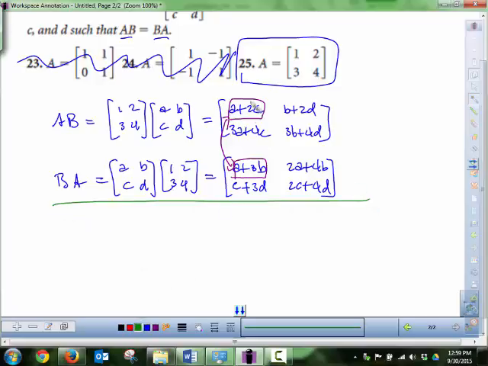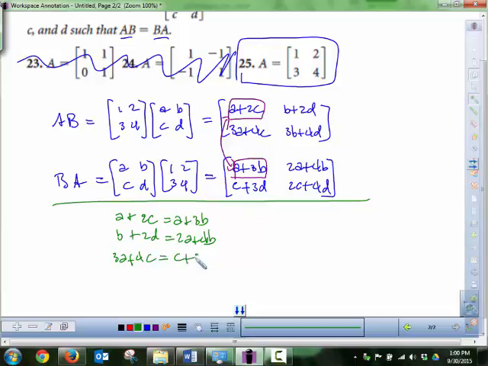So essentially what we're going to have is, guess what? A system of linear equations. A plus 2C equals A plus 3B, and then B plus 2D equals 2A plus 4B, 3A plus 4C equals C plus 3D, and then 3B plus 4D equals 2C plus 4D.